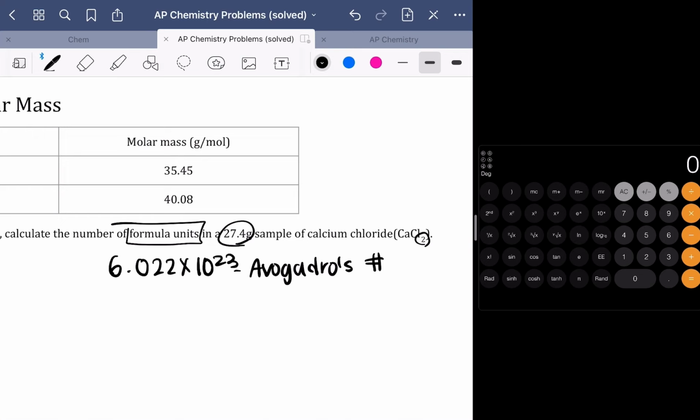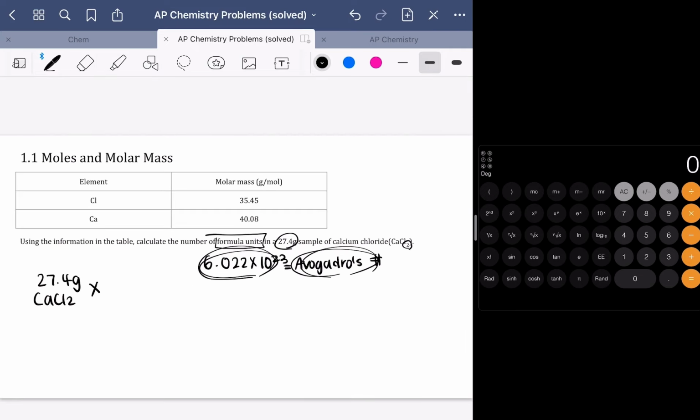These equal each other, they're the same thing, and you have to know that Avogadro's number is this number. You need to memorize this number. This number is really important in AP chemistry, and you are going to use it all the time.